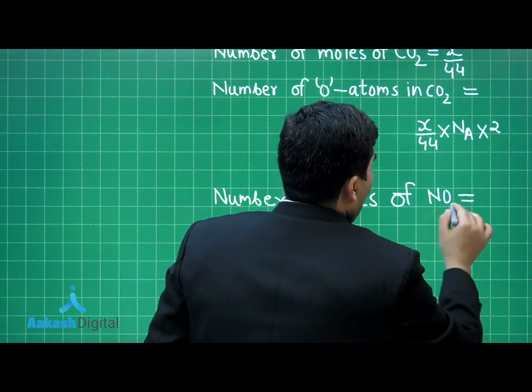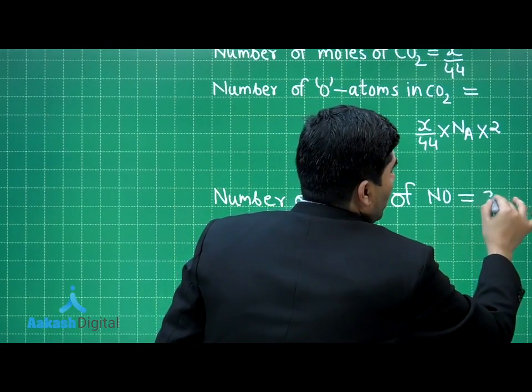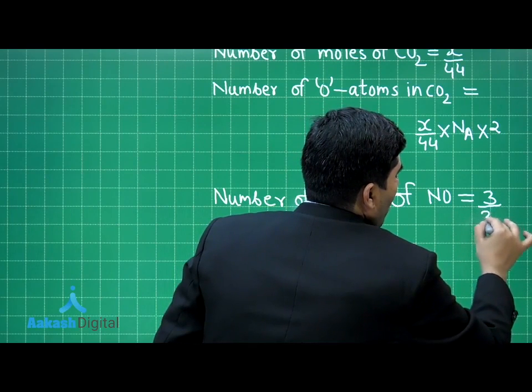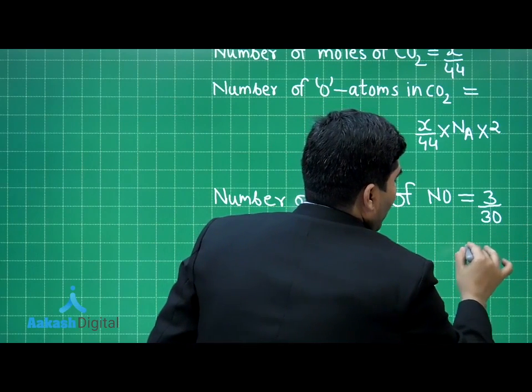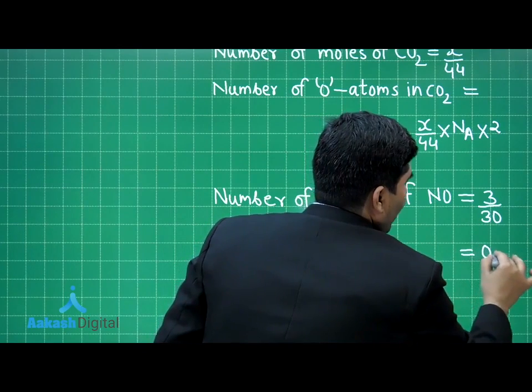Therefore, the number of moles will be equal to 3 by 30, and that is equal to 0.1.